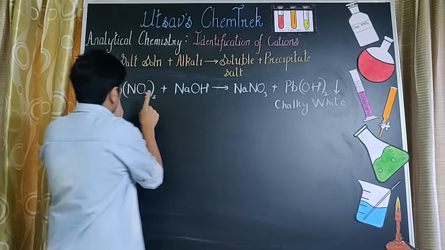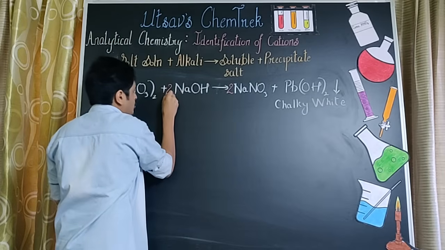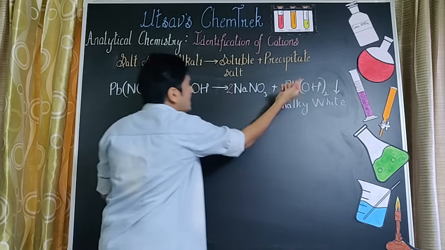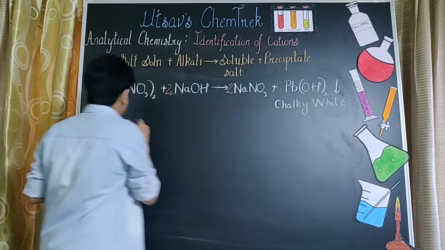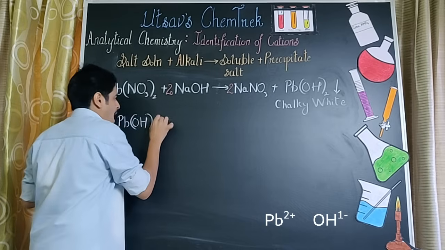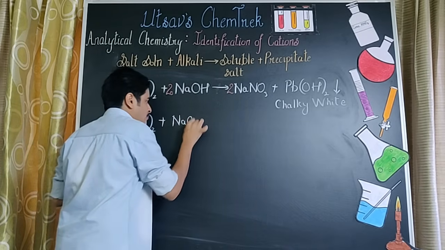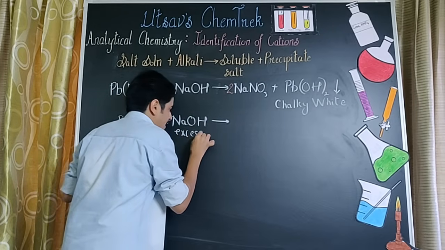पहले इक्वेशन बैलेंस कर लेते हैं. NO3 को बैलेंस करने के लिए I have 2 here, सोडियम को बैलेंस करने के लिए I have 2 here. लेड हाइड्रोक्साइड सोडियम हाइड्रोक्साइड के एक्सेस में हो जाएगा डिसॉल्व. So suppose I take Pb(OH)2, I add sodium hydroxide to it, and this time this sodium hydroxide is in excess.